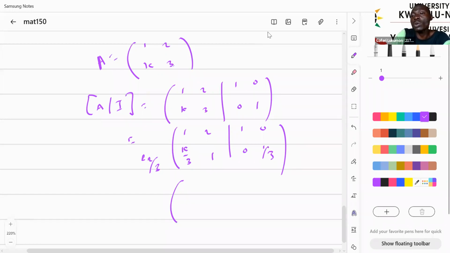You can use your row operation. For example, row 1 minus 2 row 2. No, we don't have 0 here first. That is wrong. I can't do it that way.